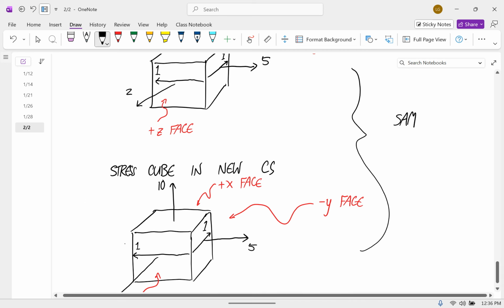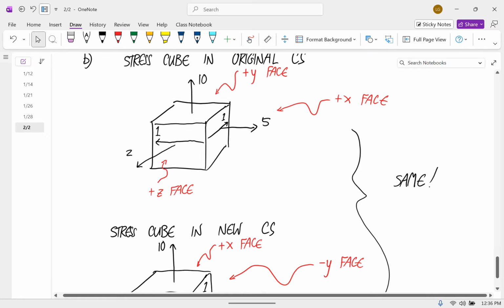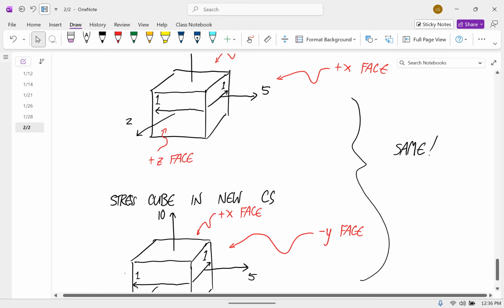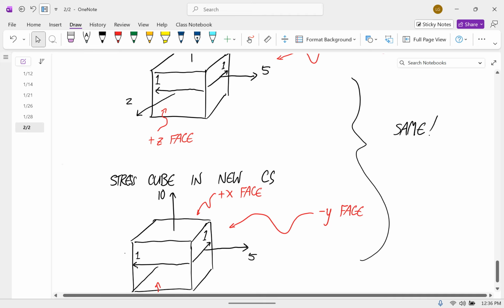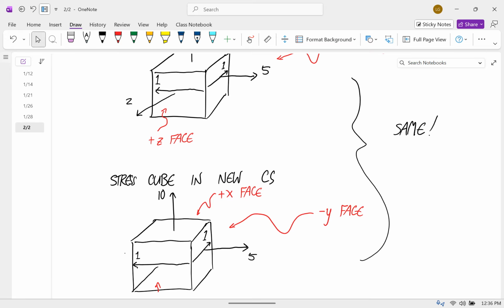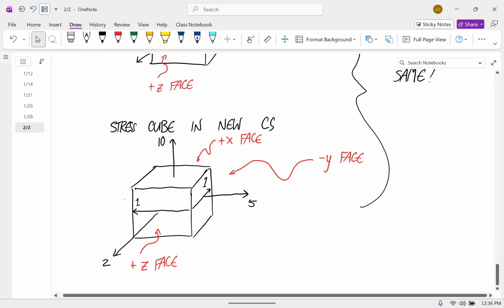And so you can see that even though the components all changed, when you look at the stress cube, it tells the exact same story, which is what you expect because it's the same state of stress. X now is the top face.